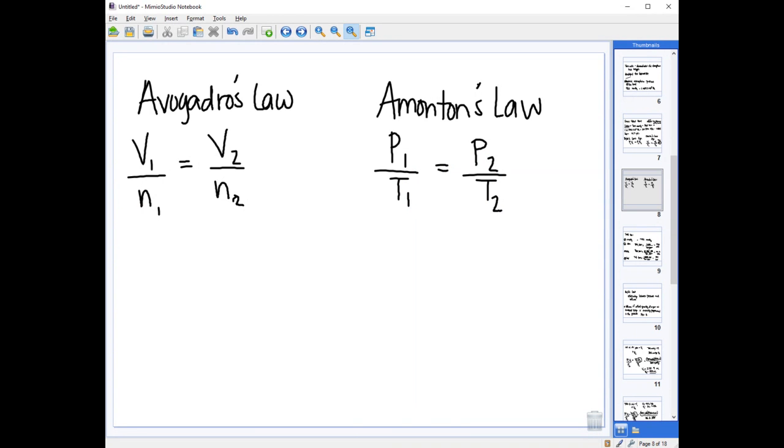Okay, so he really looked at those two properties of gases. Okay, and your book doesn't even really mention him except for in one of the problems at the back of the chapter, but that is what he did. And he allowed Gay-Lussac to come up with Gay-Lussac's law, or what we refer to as the combined gas law.